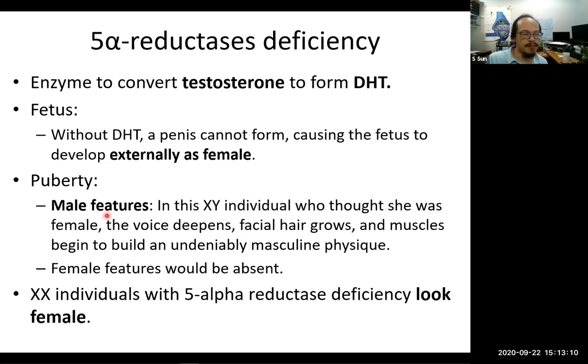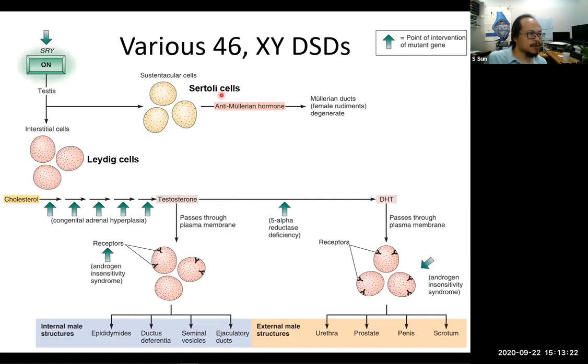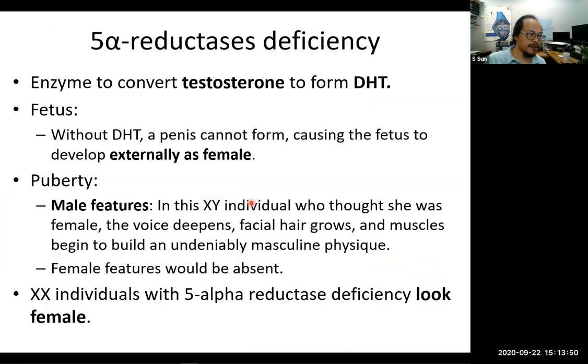At the same time, the female features won't be visible because this person has no problem suppressing the Mullerian duct, and there are no ovaries, no uterus. Instead, they do have the testosterone and sperm developed. So they don't generate breasts like a female.